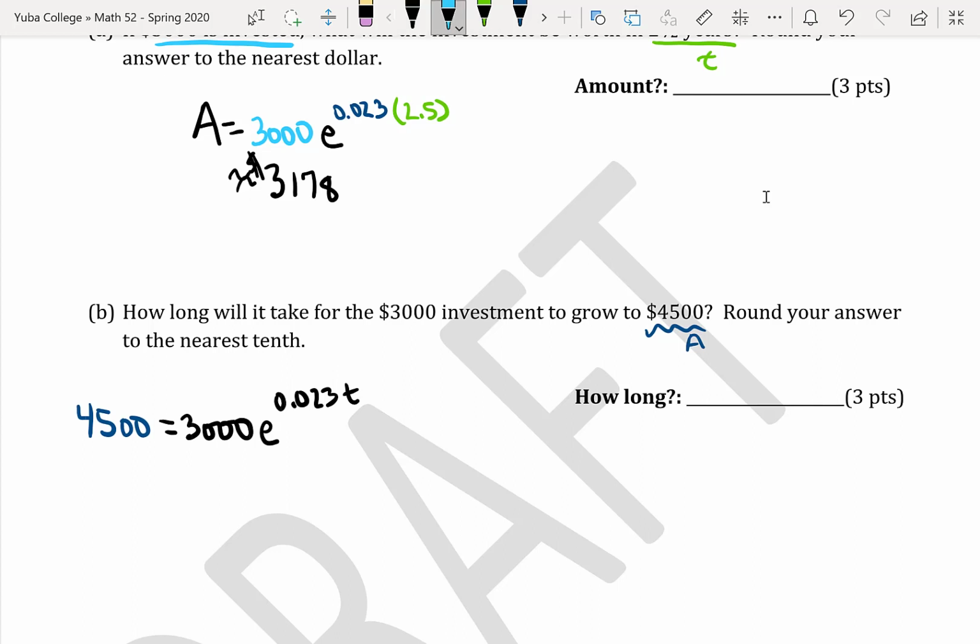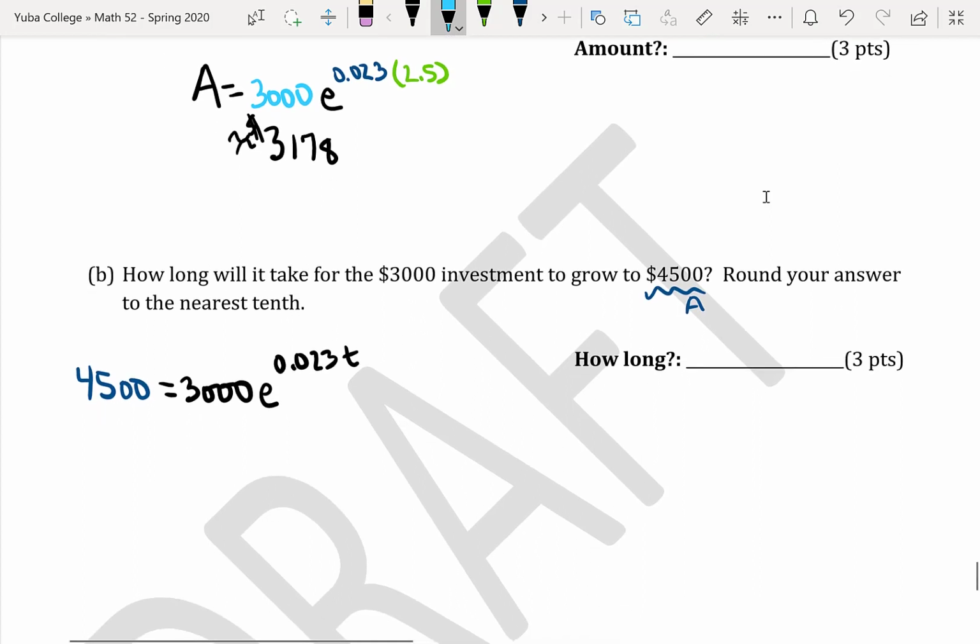Then I notice 45 and 30 both have a 5 in common. 5 goes into 45 9 times. 5 goes into 30 6 times. That actually reduces more. They both have 3 in common. So this gives me 3/2 equals E to the 0.023t.